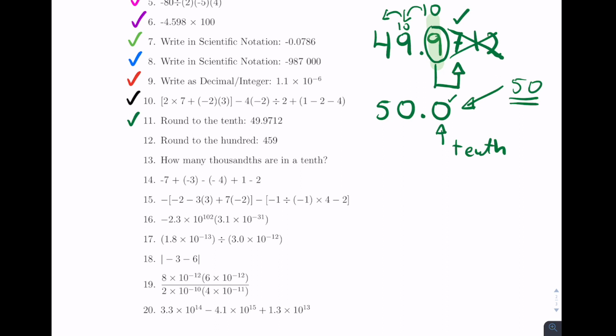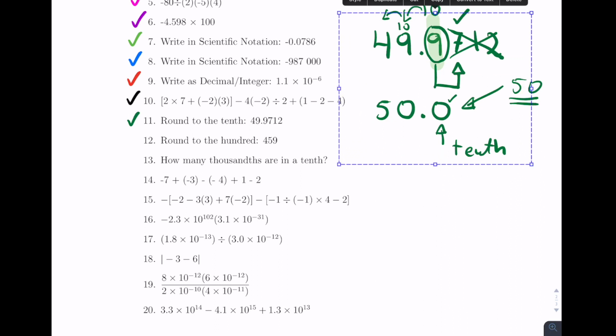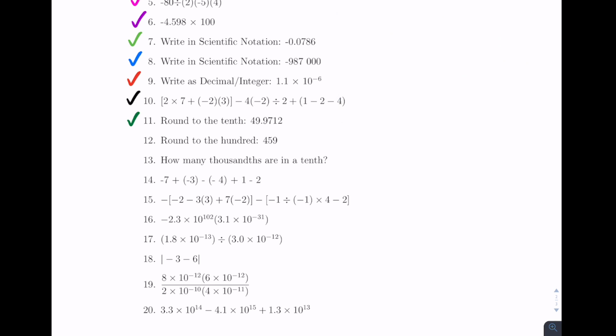Question number 12. Round to the 100. Well, my 100 is right here. Look right next, it's a 5.